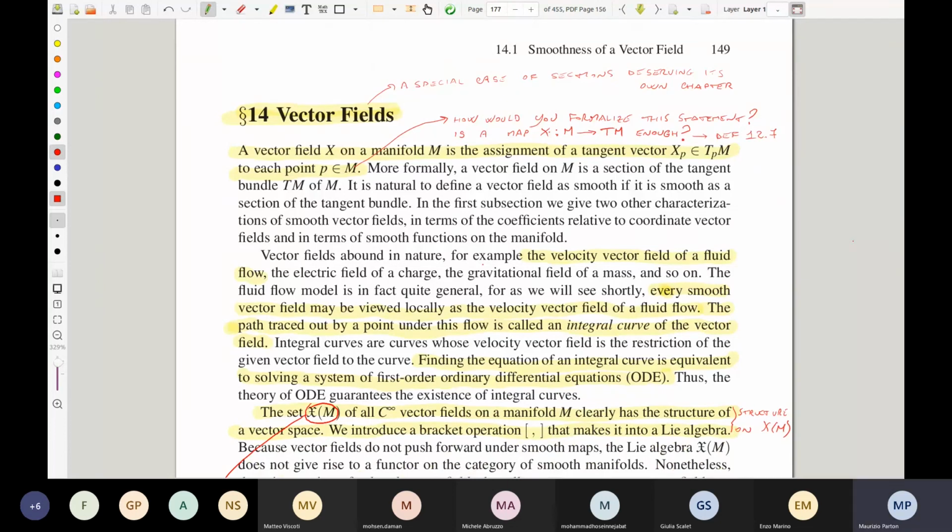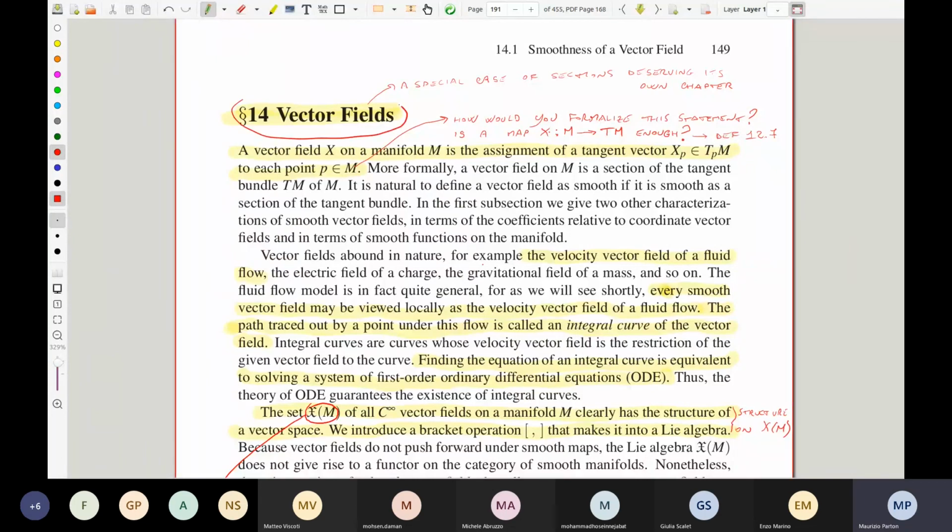In physics, there is an example of vector bundle that maybe some of you already encountered. That is the state space, the phase space, spazio delle fasi in italiano.